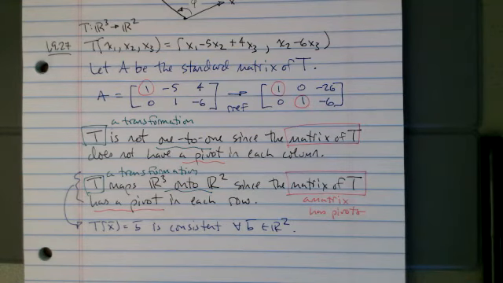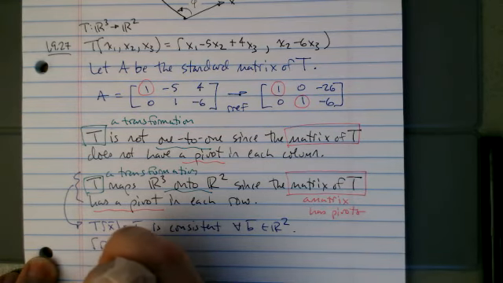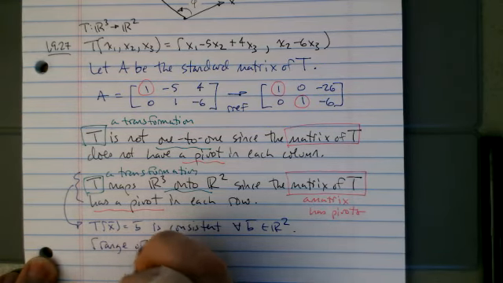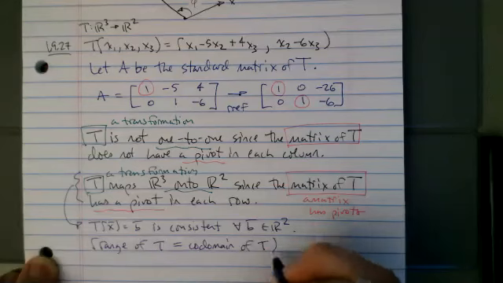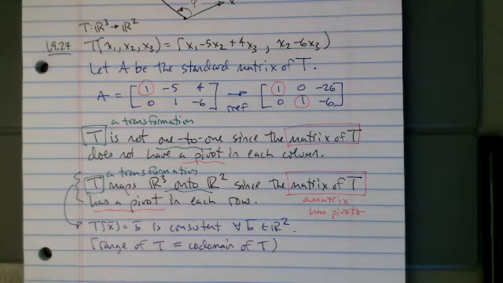The range of T is equal to the codomain of T. T takes all the vectors from R3 and completely covers R2. The range of T is equal to the codomain. Everything in the codomain is an image of something from the domain.